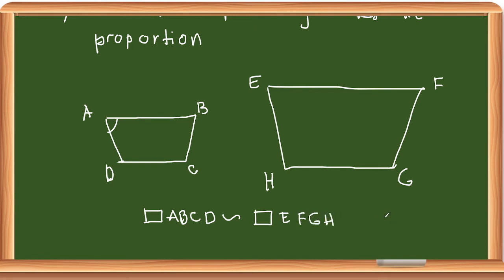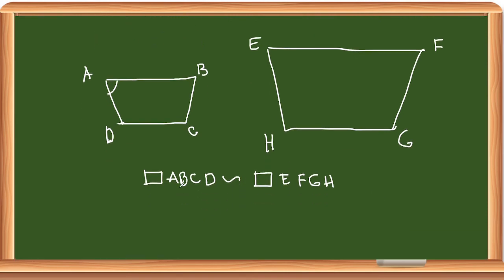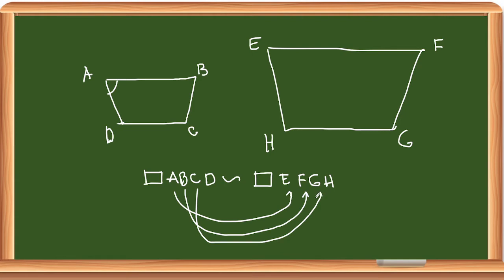Now, what do we mean by corresponding? When there is a problem like this, it is understood that the corresponding angles are already paired. For angle A, its corresponding angle is angle E. Angle B's corresponding angle is angle F. Angle C for angle G. And angle D for angle H, no?